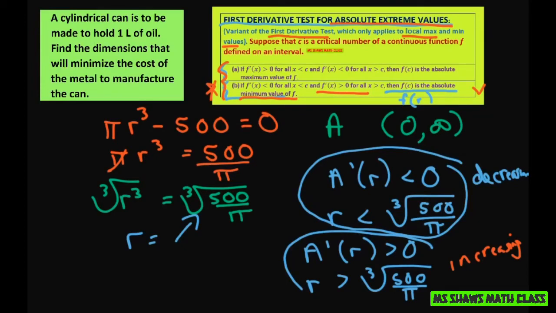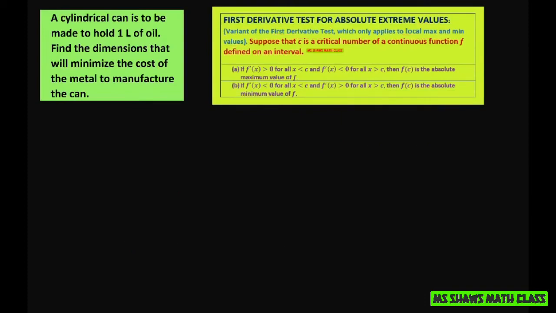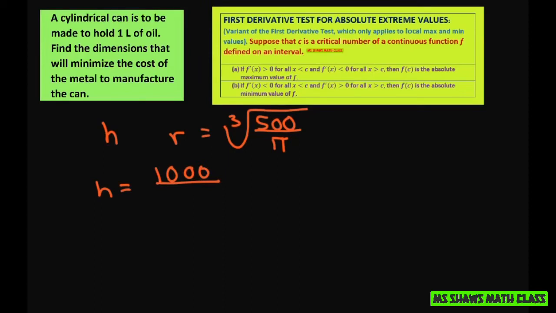Now what we're going to do is find our h. The value of h corresponding to r equals the cube root of 500 divided by pi is h equals 1000 divided by pi r squared.